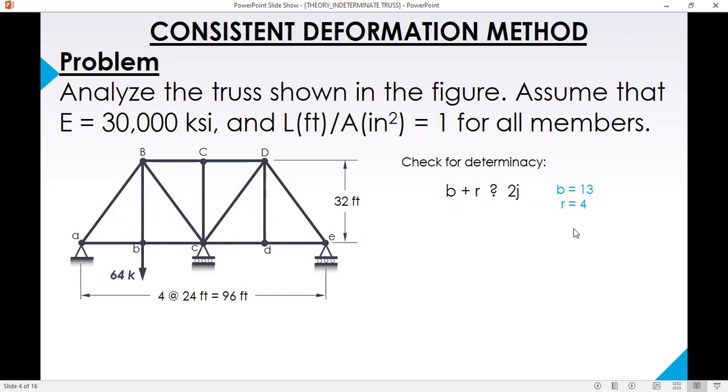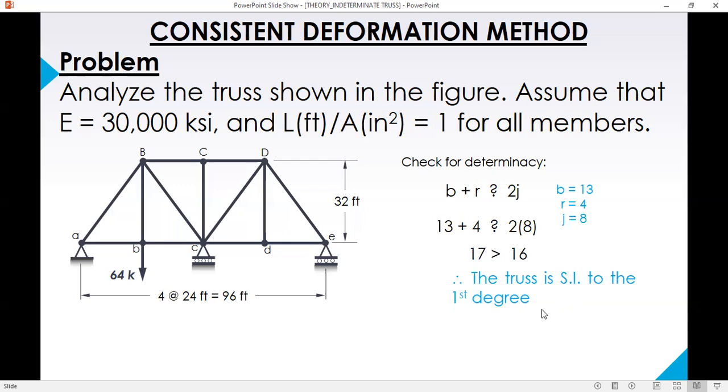There are 8 joints. And we substitute. Therefore, 17 is greater than 16, and so the classification is the truss is statically indeterminate to the first degree. So first degree means we have one redundant.